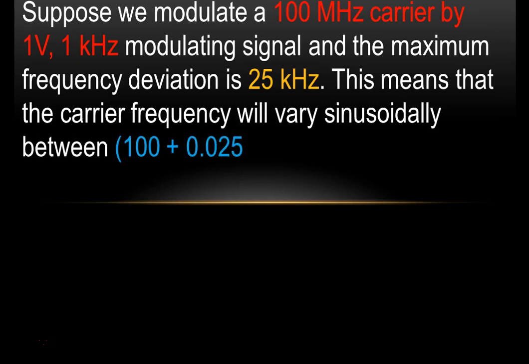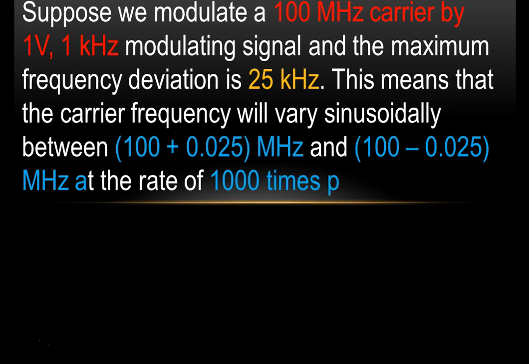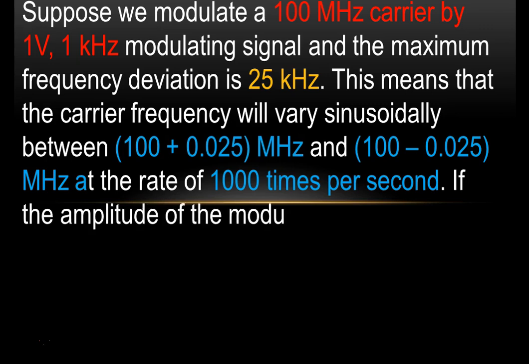So that means the carrier frequency will vary sinusoidally, 100 plus 0.025, 100 minus 0.025 in megahertz value, at the rate of 1000 times per second, because the modulating frequency is 1 kilohertz.